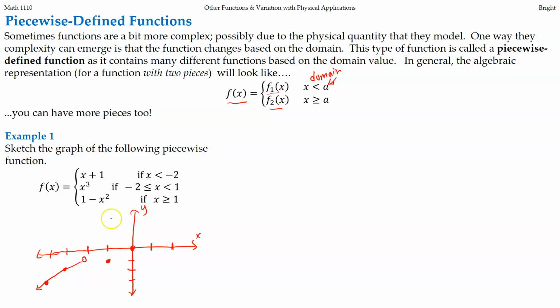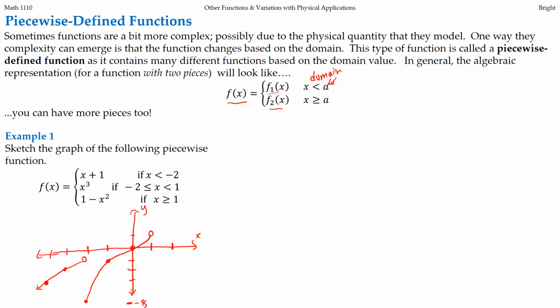At -2, I'd be all the way down at -8, so I'm just going to say here's -8 on my scale, and then it'll be down something like this. The next piece is a cubic graph. It's going to look something like this. And the reason I have a hole at 1, 1 is because, again, I don't have equality here.